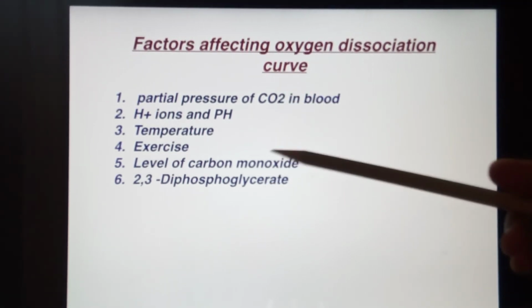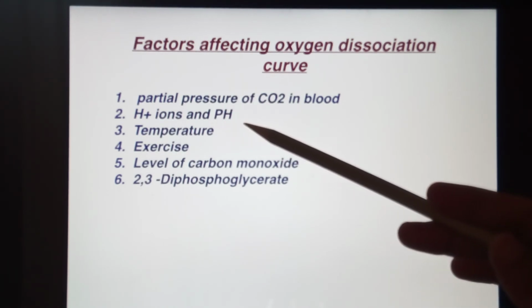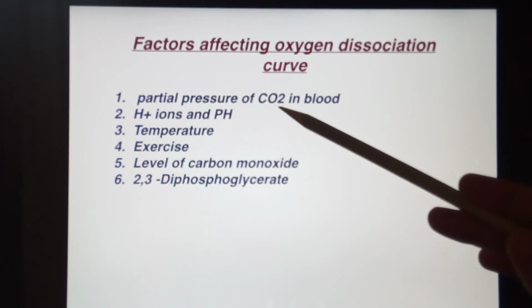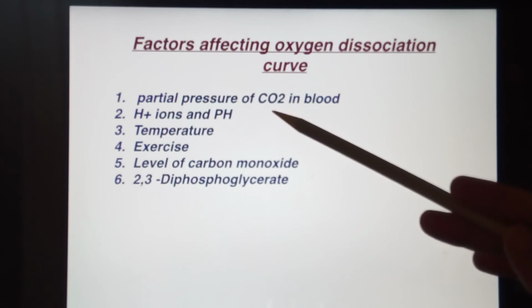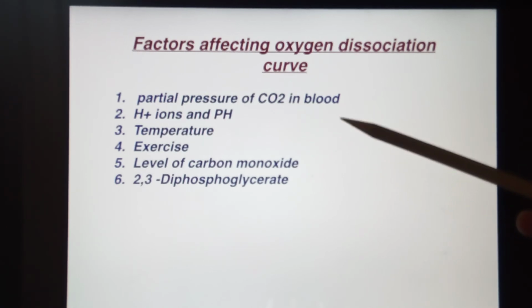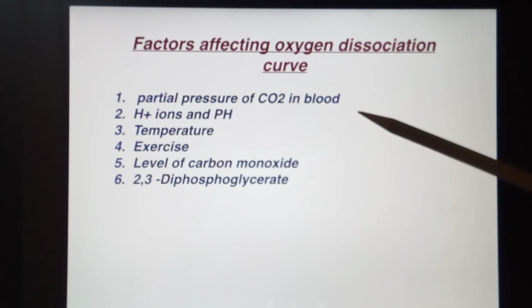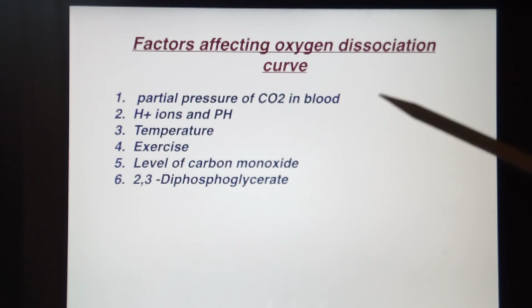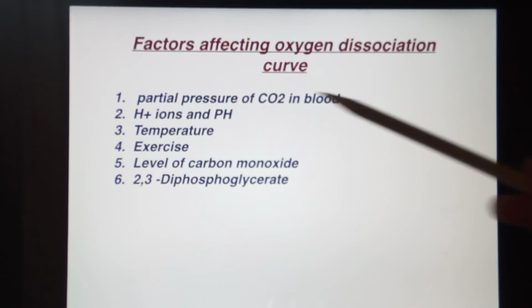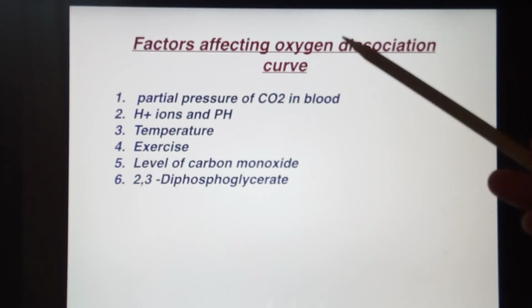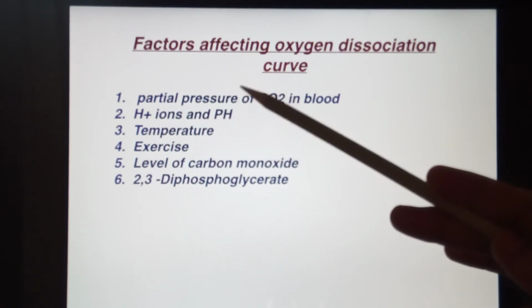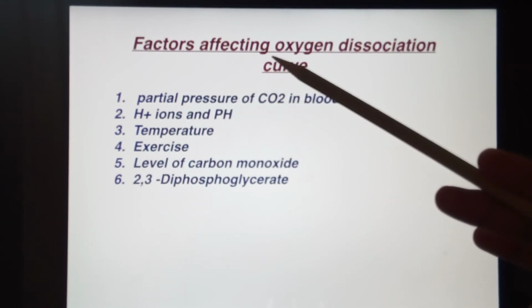Okay, the next one is H plus ion and pH. When carbon dioxide increases, it combines with water and makes H2CO3, and H2CO3 again dissociates into H plus ion and HCO3. So when carbon dioxide increases, H plus ion automatically increases.